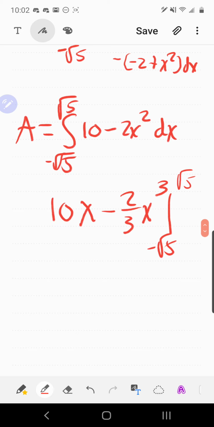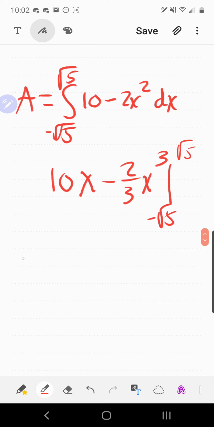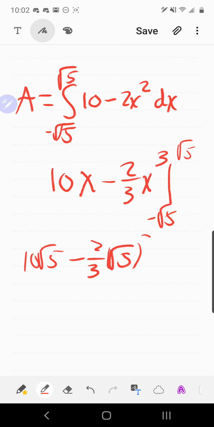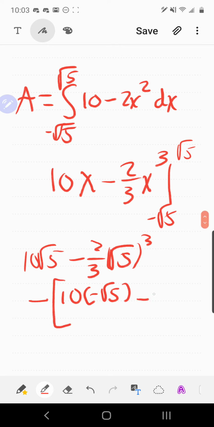All right, so now this is going to give us 10 radical 5 minus 2/3 radical 5 cubed, minus, well, let me put some parentheses here, 10 times negative radical 5 minus 2/3 times negative radical 5 cubed.